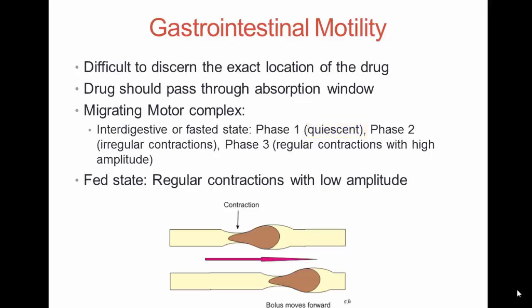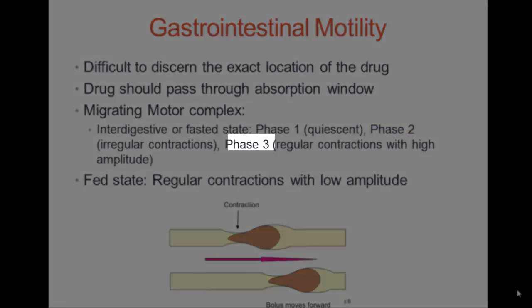Then it starts with phase 2, which takes around 20 to 40 minutes, in which there are irregular contractions, not of much high amplitude, but sometimes it may go to higher amplitudes. Then it goes to phase 3, in which there are regular contractions of the gastrointestinal tract with higher amplitude.